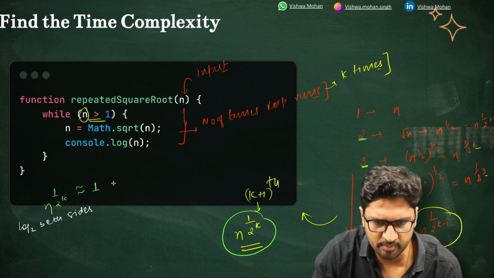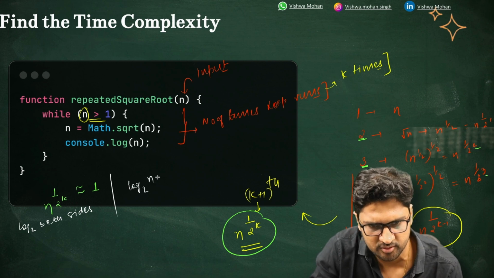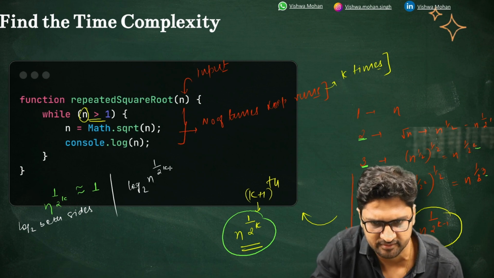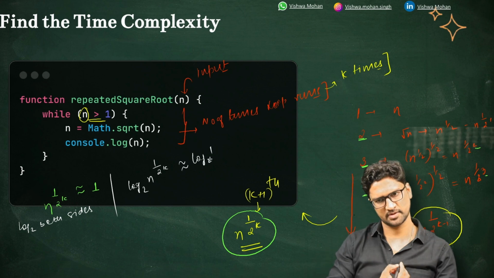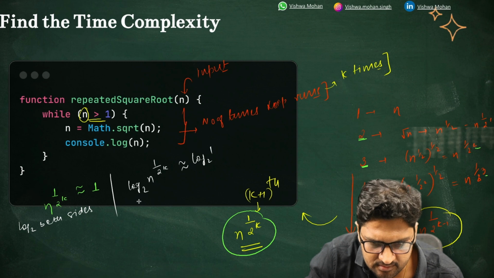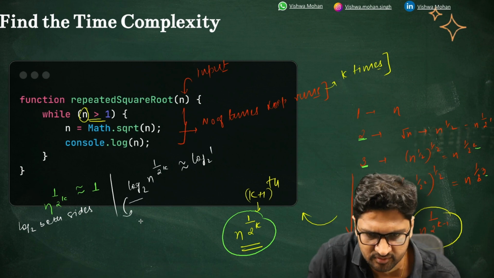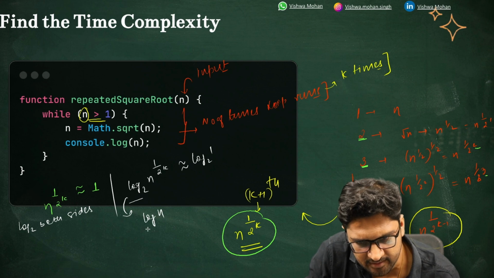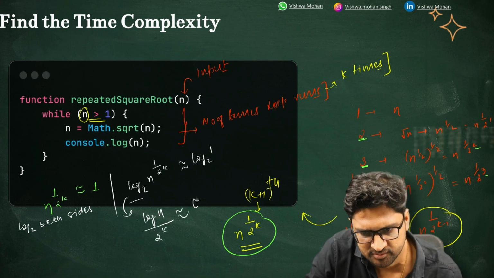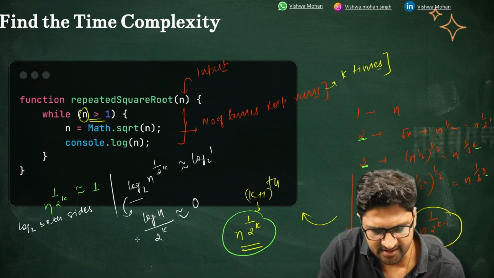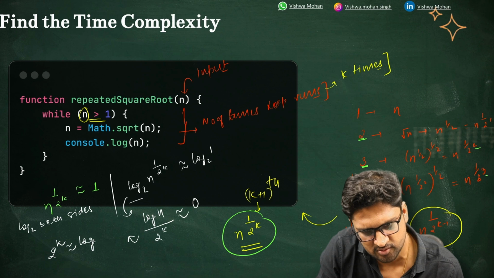So when I take log on both sides, this becomes log base 2 of n to the power 1/2^k approximately equal to log 2 base 1, right? Now this is basic log, the maths that you would have learned in 9th and 10th. This becomes equal to log n divided by 2 to the power k, and this log 1 value becomes equal to 0. So I can now write 2 to the power k is approximately equal to log of n.